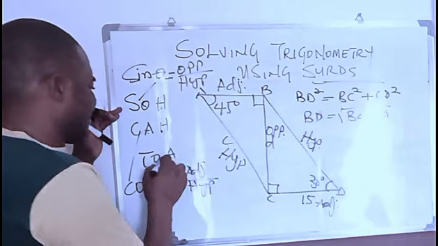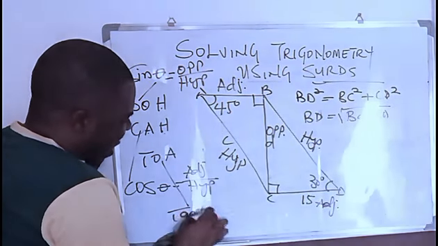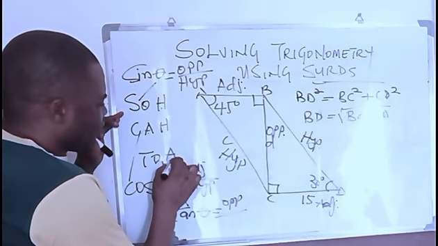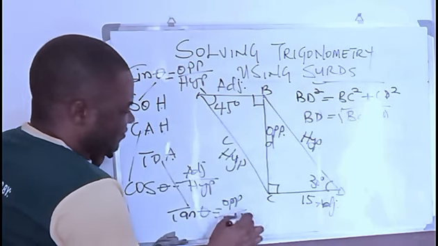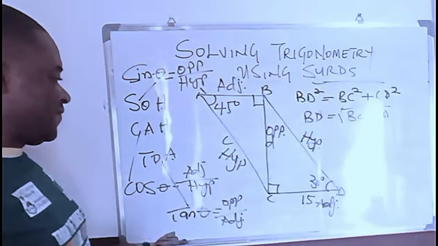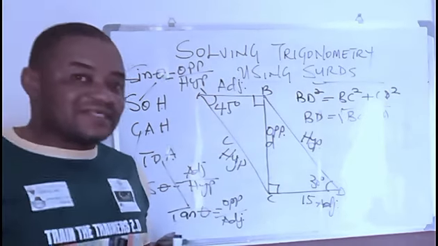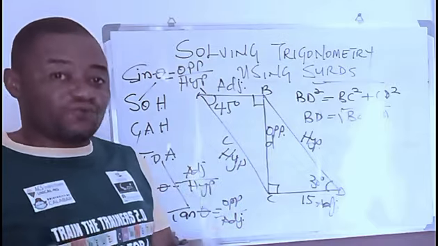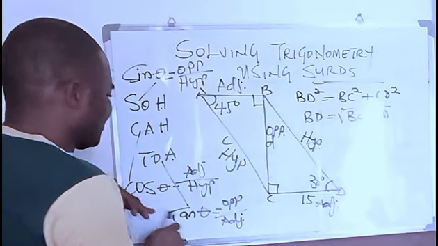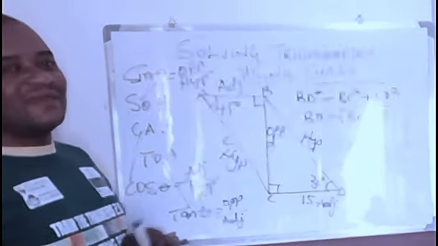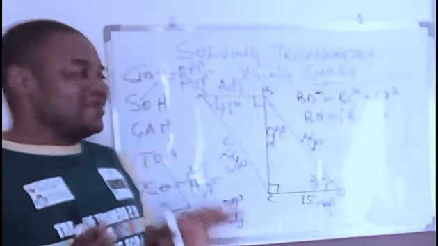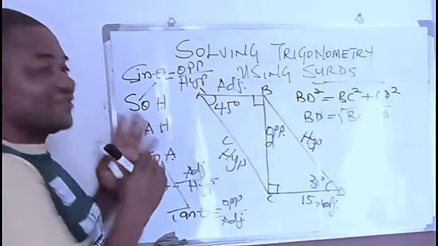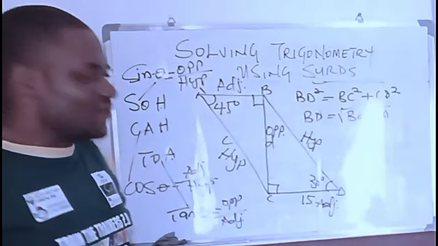Now, this is tangent: tan theta is equal to opposite over adjacent. Whenever you are given opposite and adjacent in a right angle triangle, you consider using tangent. We have been able to get the sides of the triangle and the normal conventions of trigonometry. Now we can solve this problem.